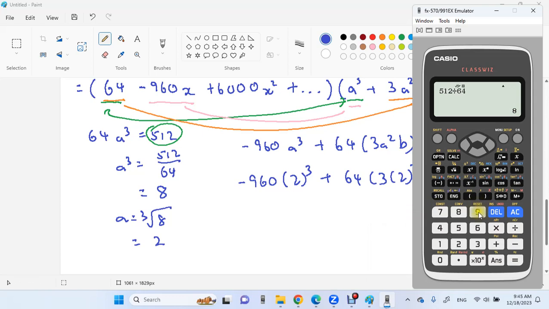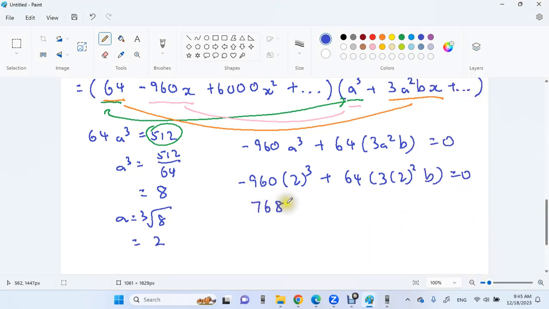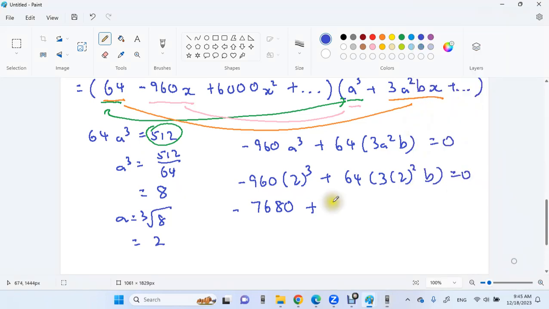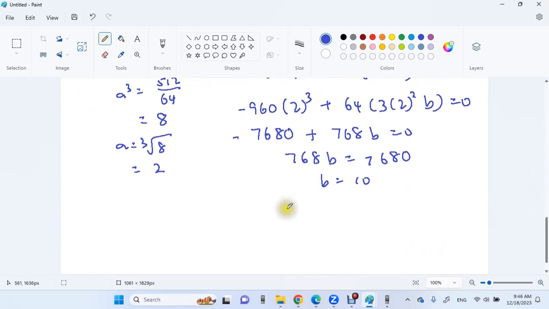Then we have negative 960 times 2 power 3, that is 7680, plus 64 times 3 times 2 squared times b equal to 0. So we have 768b is 7680. So b equal to 10. Okay, so a equal to 2, b equal to 10.